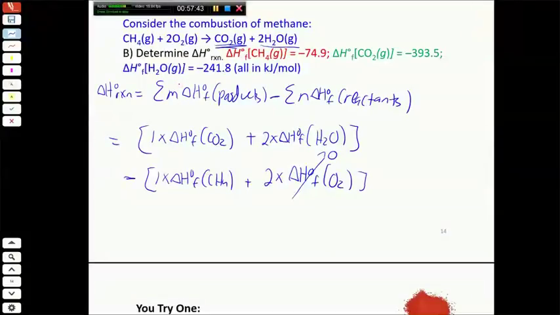And then the numbers that we'll end up putting in are 1 times the delta H of formation of CO2, which is minus 393.5, plus 2 times the delta H of formation of water, so 2 times minus 241.8.